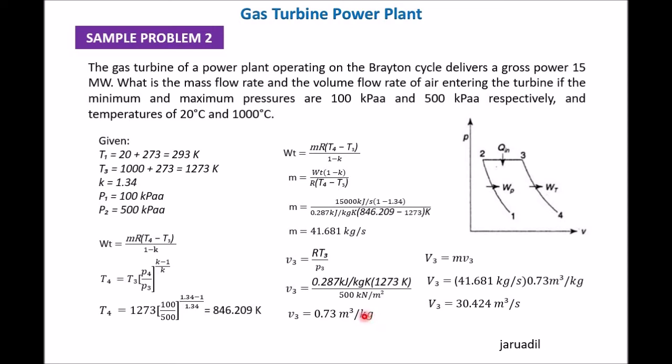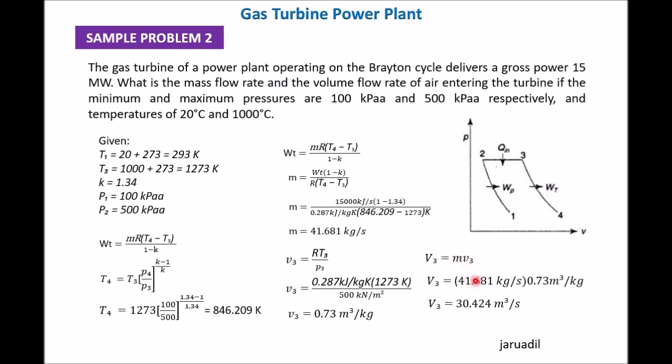Now, to find out the volume flow rate. So, this is the specific volume. This is not the volume flow rate. So, tatandaan ninyo, pag sinabi kasing flow rate, per unit time yan. To find the volume flow rate per unit time, you can use this equation. V3 is equal to M times the specific volume at 3.